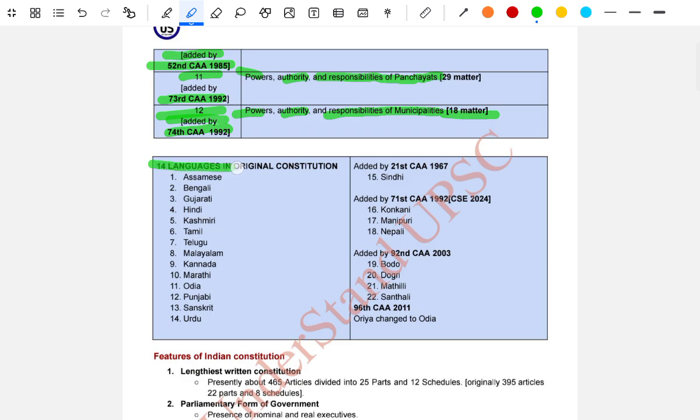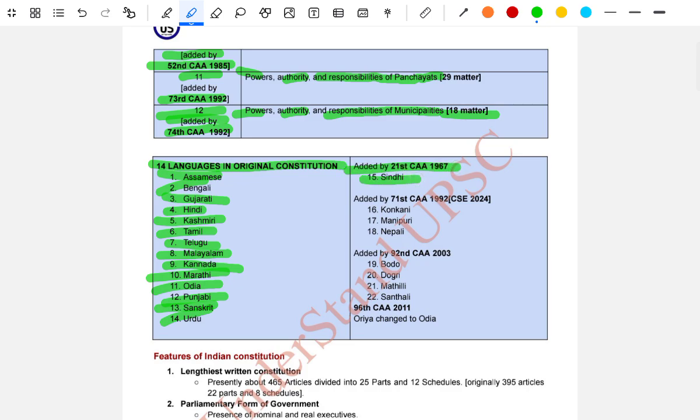14 languages in the original constitution: Assamese, Bengali, Gujarati, Hindi, Kashmiri, Tamil, Telugu, Malayalam, Kannada, Marathi, Odia, Punjabi, Sanskrit, Urdu. Added by the 21st Constitutional Amendment Act 1967, Sindhi.